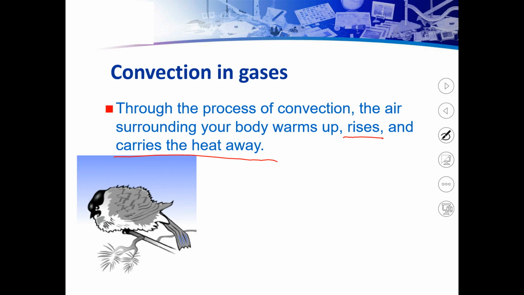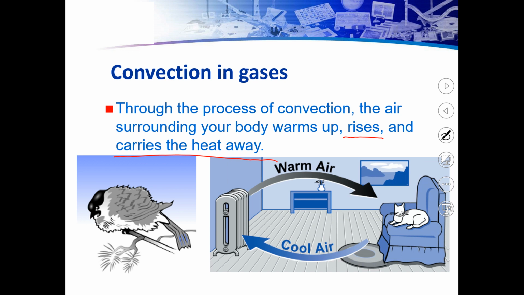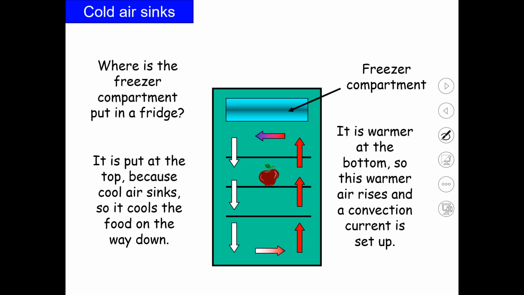For example, in the warm area, it is moving in the bodies, cold and things. The freezer compartment is put at the top of the fridge because cool air sinks, so it cools the food on the way down.